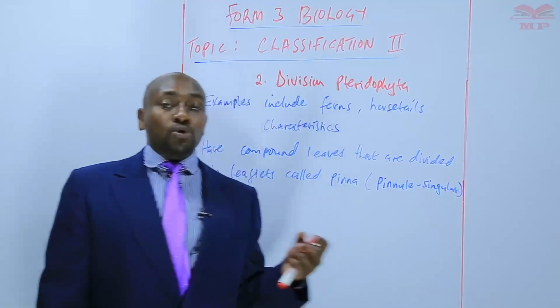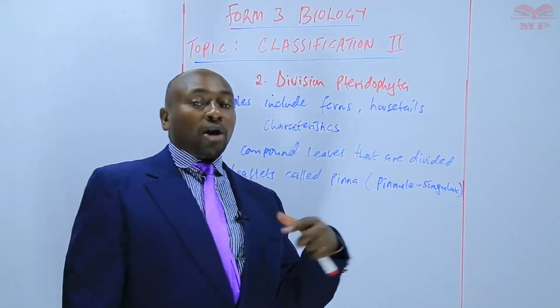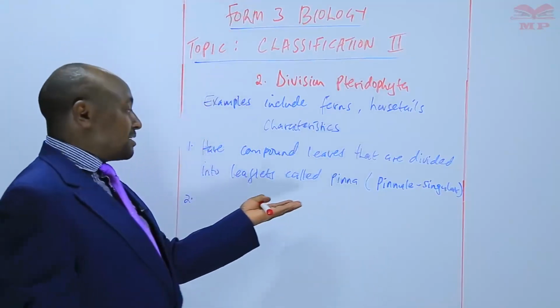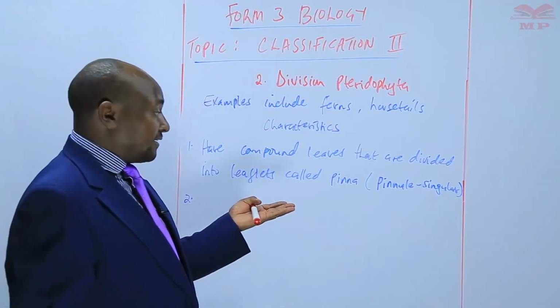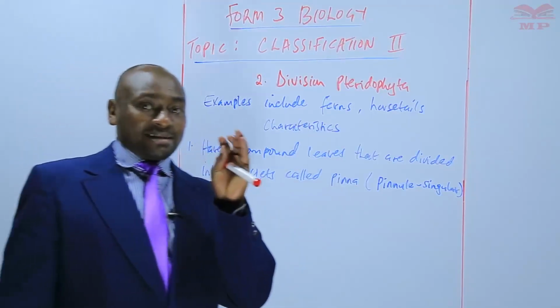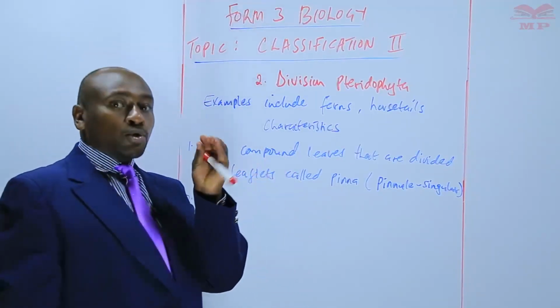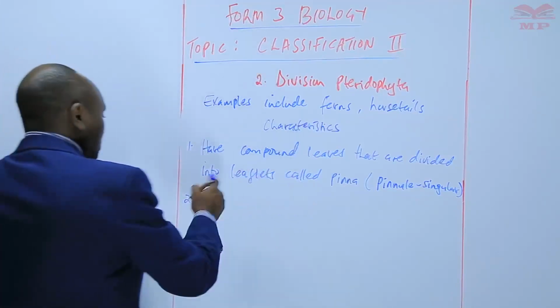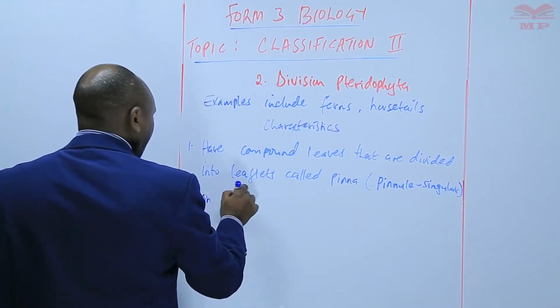Sporangia, that is the plural. The singular is sporangium. Sporangium bears the spores. So on the lower side of the leaflets or of the pinna, you'll observe some clustered groupings of sporangia.